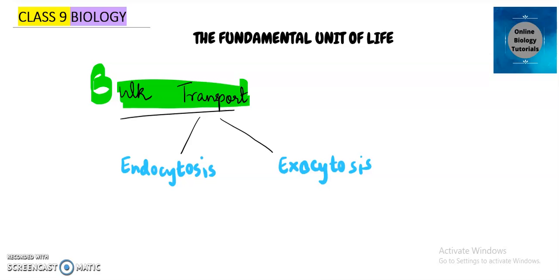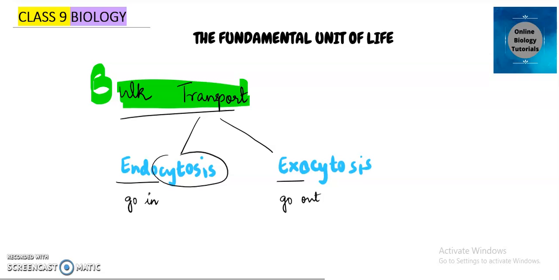Remember, in bio, whenever we talk about endo, it means to go in, and exo always means to go out, right? And cytosis means something is going inside the cytoplasm. I hope it is clear. Endocytosis means that something is going in the cytoplasm, and when something is coming out of the cytoplasm, it is exocytosis.